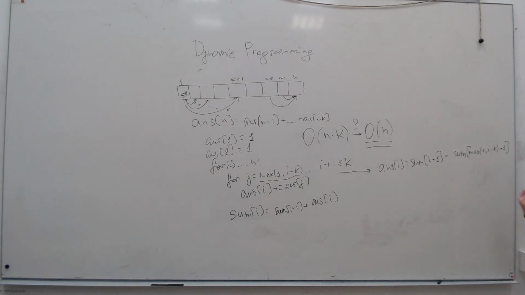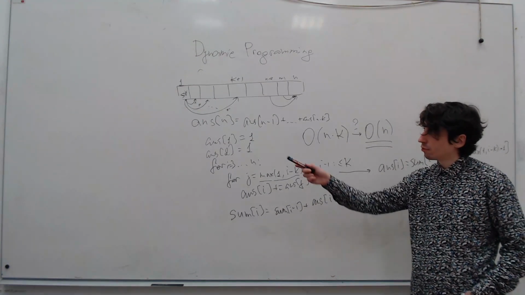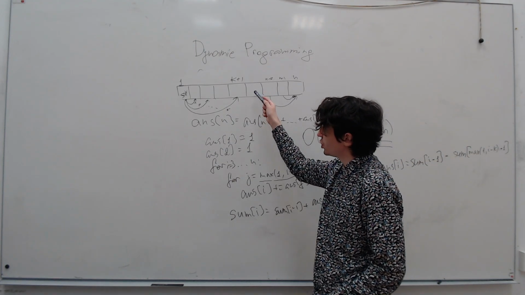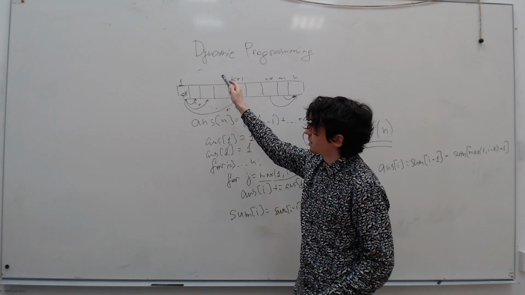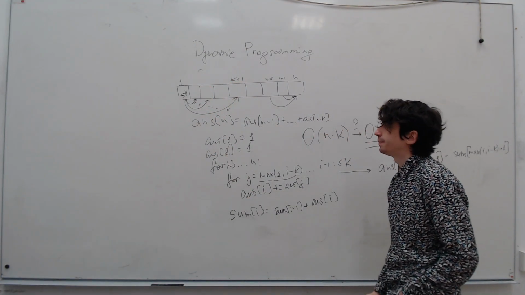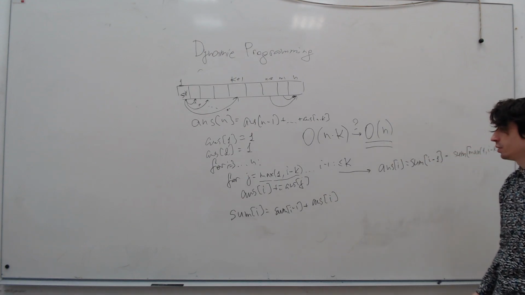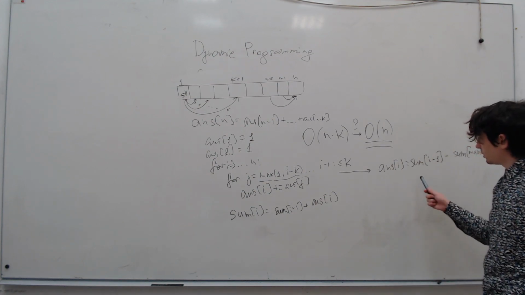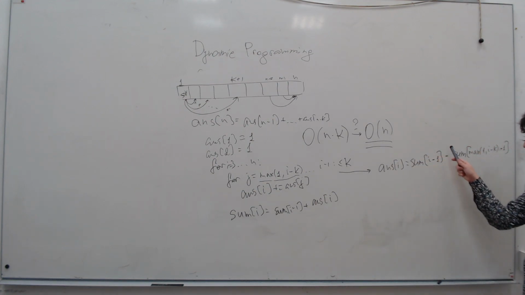So you just calculate the prefix sums here. You're going from left to right, and you know, for example, for the ith position, what is the sum of all the elements in front of it. And then you simply say sum i minus 1, this is the prefix sum form.